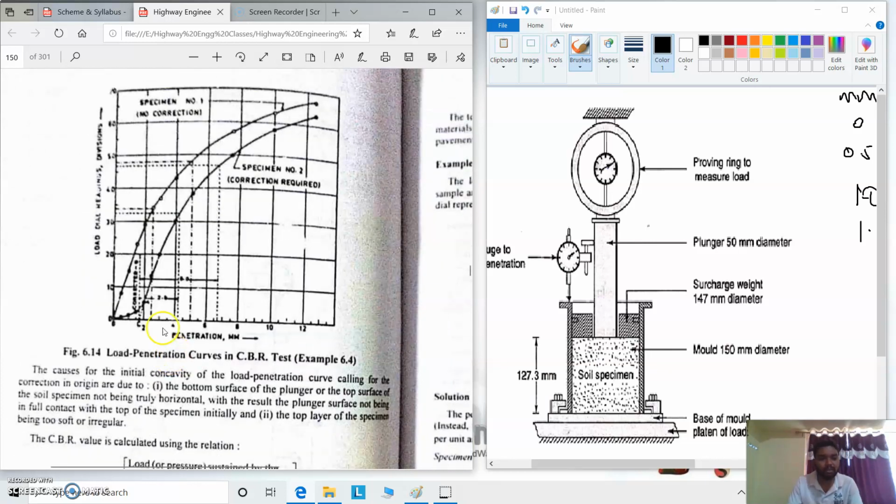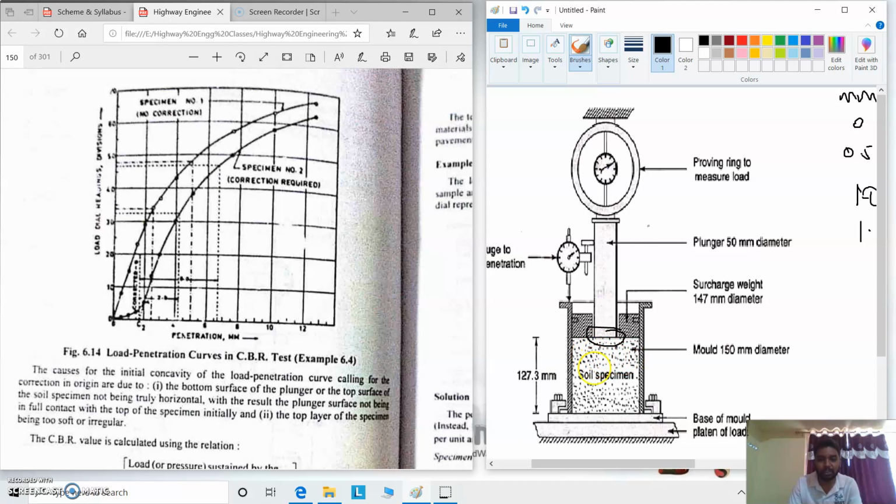This may happen because the bottom surface of the plunger is not attached completely to the specimen. That means it is not horizontal at the initial stage. That may be the reason.